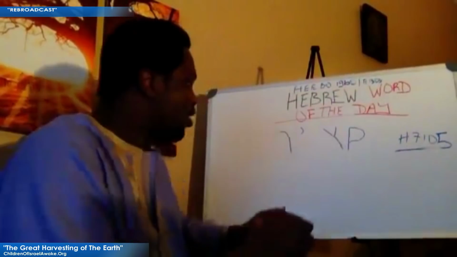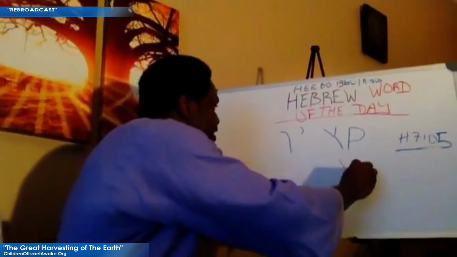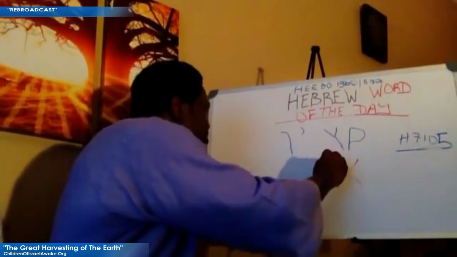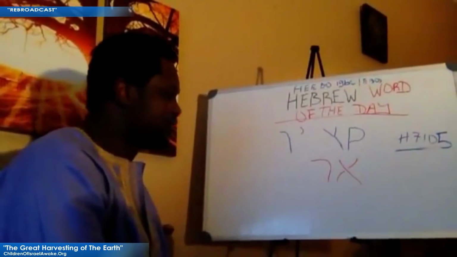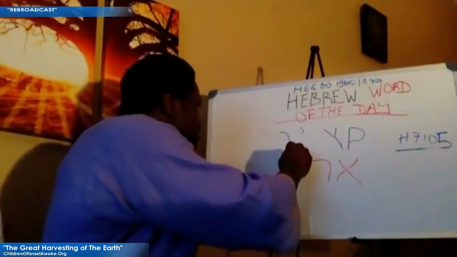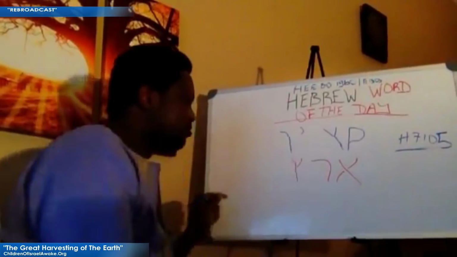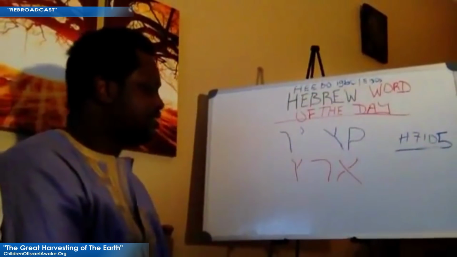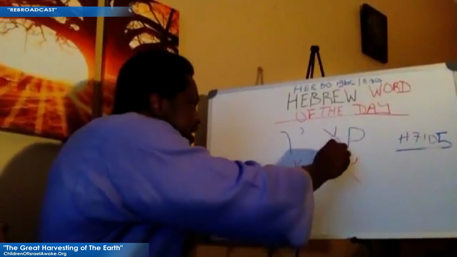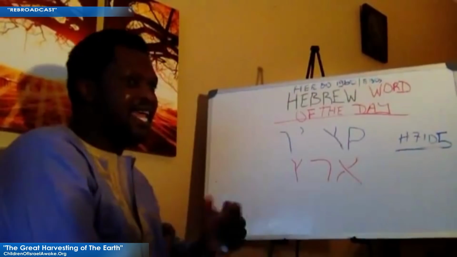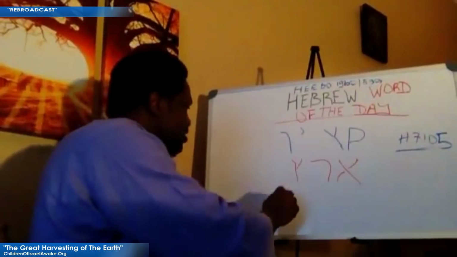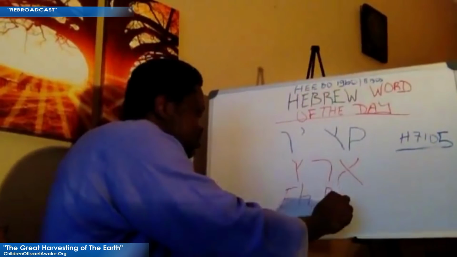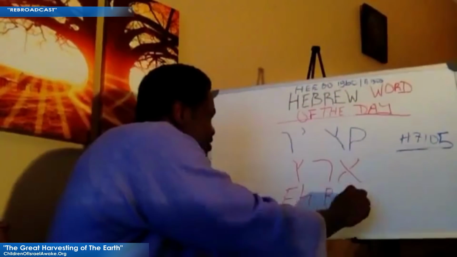For example, the word Eretz, this is the Aleph in Hebrew, and then you have the Resh. It gives you the R, if you will, and then you have the Tsadi.